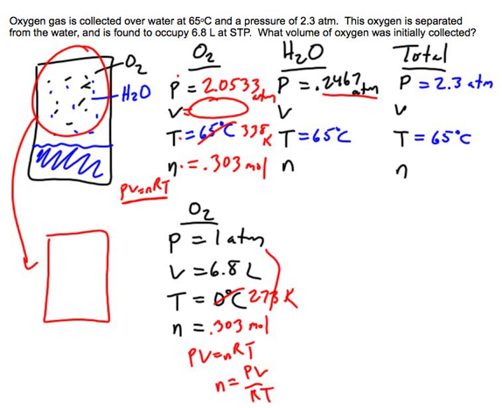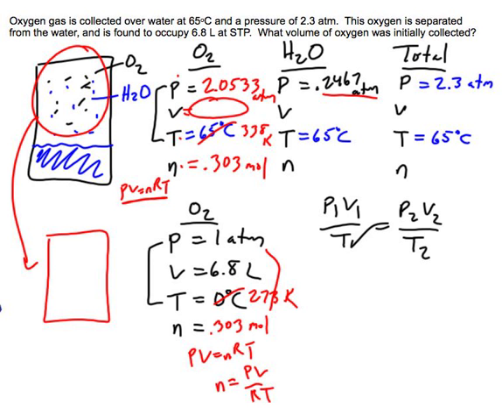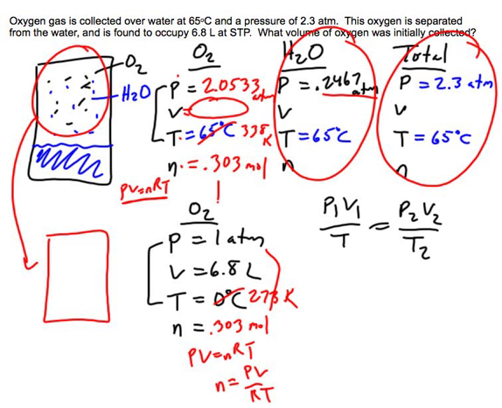The other way I can do it is to say, I know P and T for this gas and I'm looking for V, and I know P, V, and T for this other gas. They're the same gas, so I can say P1 V1 over T1 equals P2 V2 over T2. Only for the oxygen. I am completely ignoring the water and the total because these are not referring to the oxygen gas.